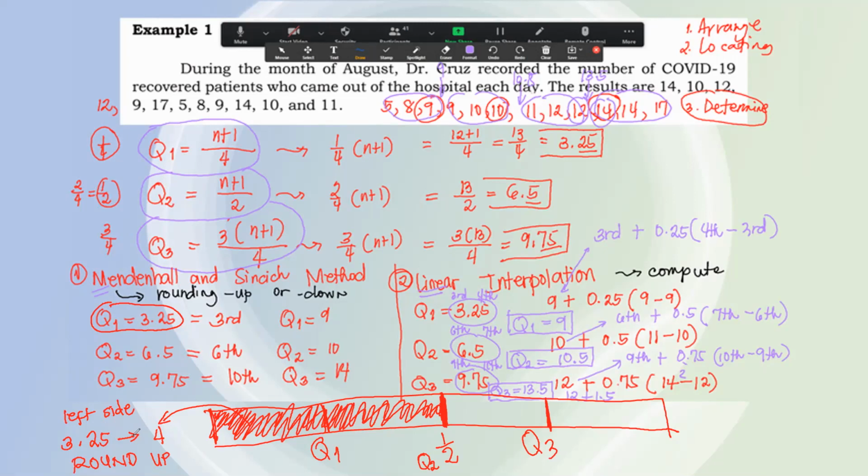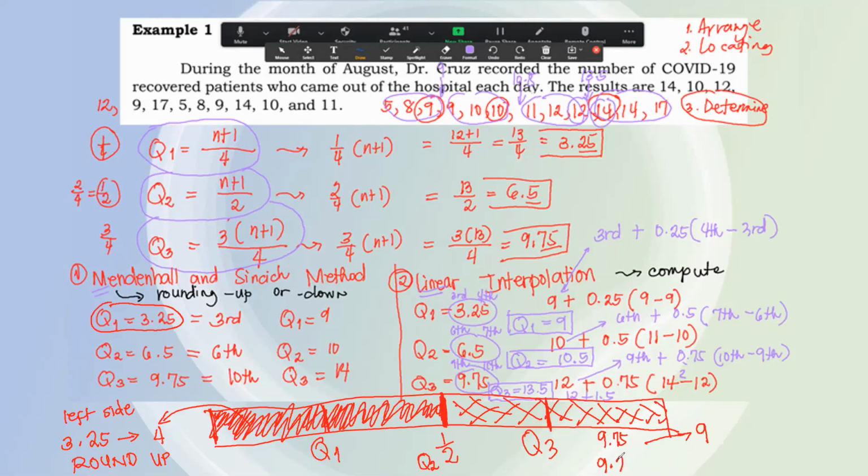While kapag nandito tayo, baliktad yung ginawa natin, ano? Pag nandito tayo sa kabilang part, kapag 9.75, ito sa Mendenhall. Si 9.75, pag ni-round natin yan, it's 9. Okay? So yun po yung sinasabi dito sa Mendenhall.